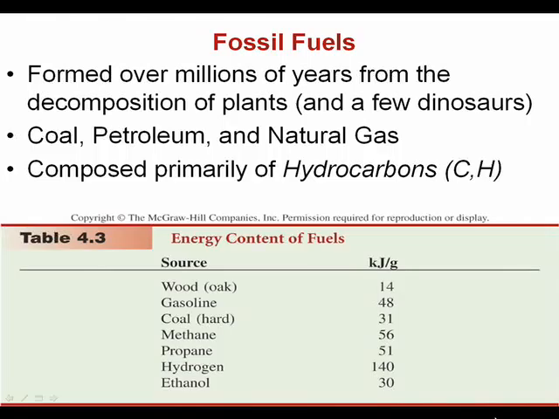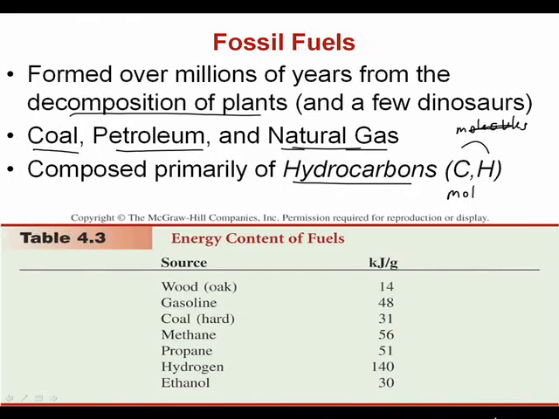There are only three of them. They're mostly from the decomposition of plants without any air or oxygen around them, and they are composed primarily of what we call hydrocarbons. Those are molecules containing simply carbon and hydrogen.